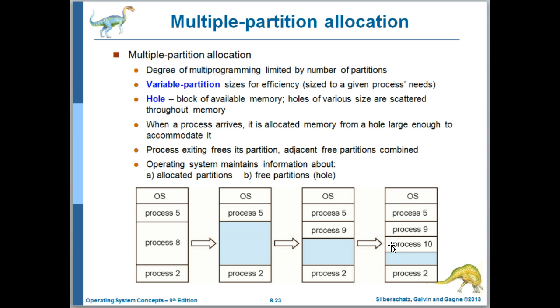You could imagine if process 5 now completes, we have 2 holes, and it'd be possible for a situation to occur where we want to start a process 11, which has a requirement of less than the sum of the holes, but neither hole is large enough. That's what's known as fragmentation, in this case external fragmentation, and we would have to compact memory in order to run that process.